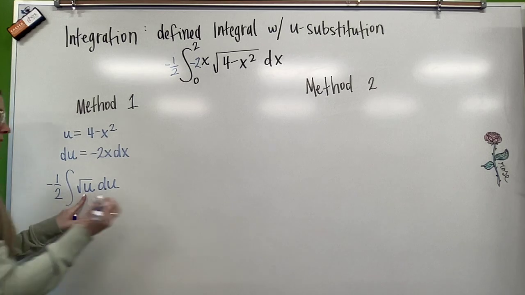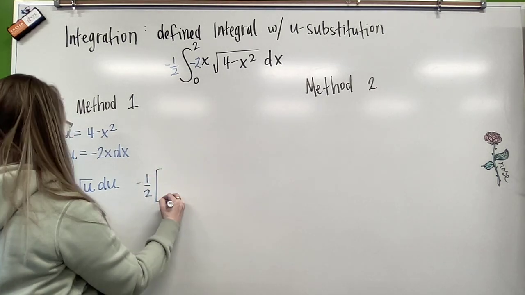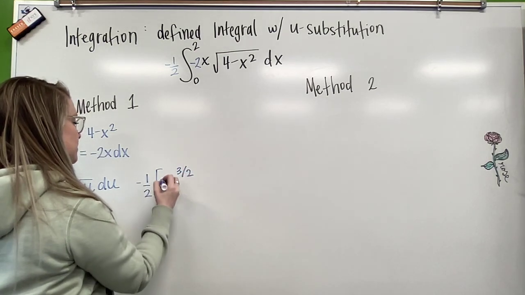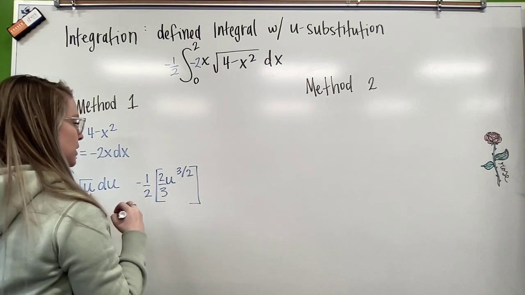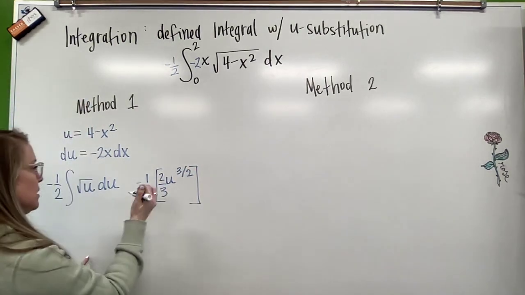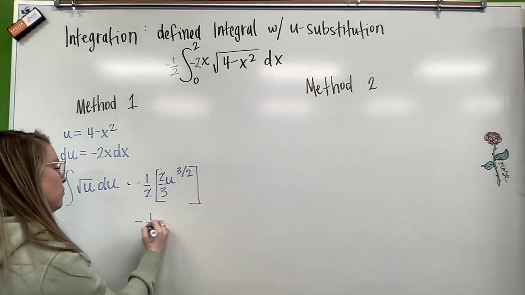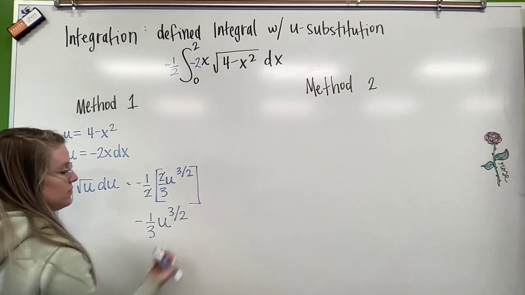I have my negative 1/2 out front. This is going to give me u to the 3/2 times 2/3. So this ends up looking like negative 1/3 u to the 3/2.